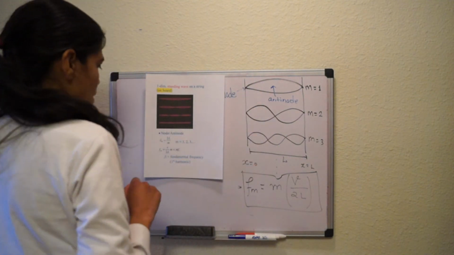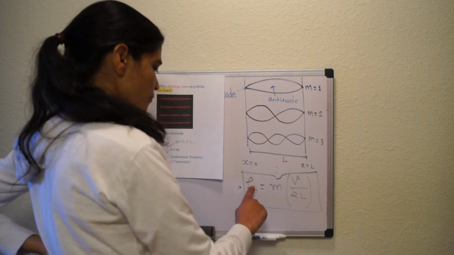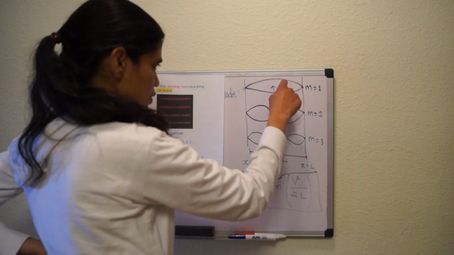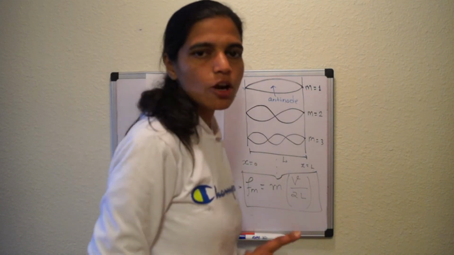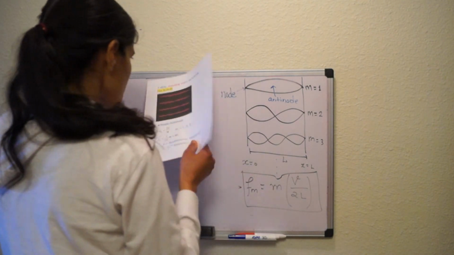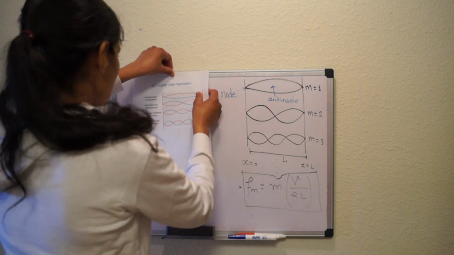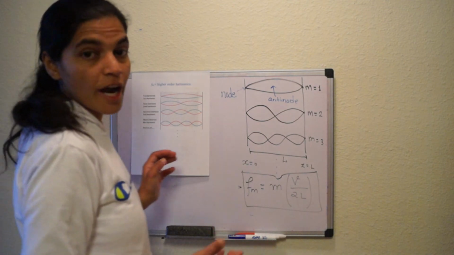So F1 is the frequency corresponding to mode 1. The frequency that corresponds to this mode is called the fundamental frequency or first harmonic. So Fm means just the frequency of a higher order harmonic.